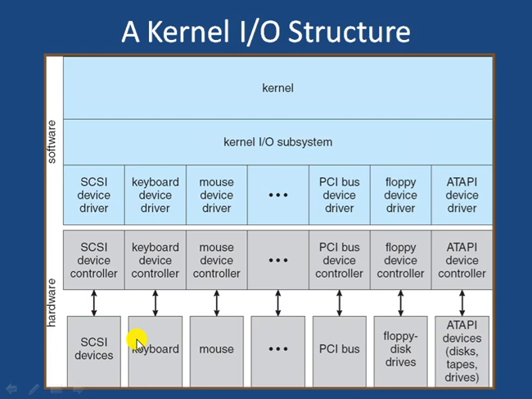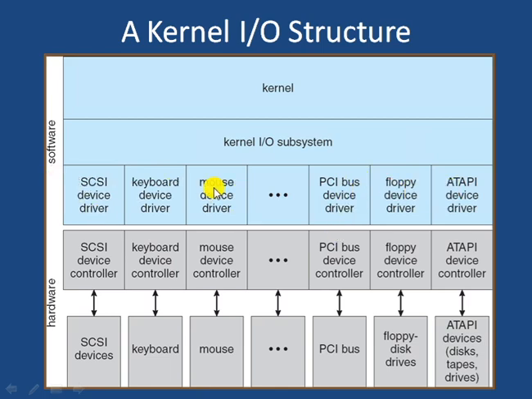In the software part, the top is the kernel, the important part of the operating system, and the kernel I/O subsystem. It acts as an interface between the kernel and the device drivers. These are the device drivers for dedicated devices: SCSI device driver, keyboard device driver, mouse, PCI bus, floppy, ATAPI.